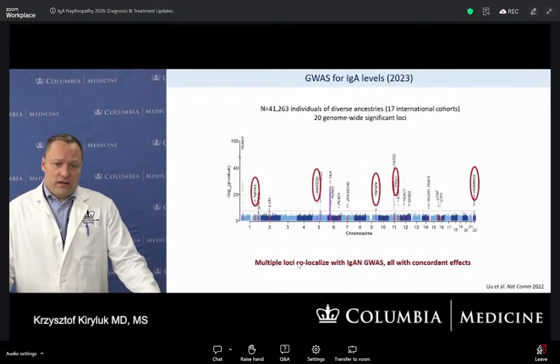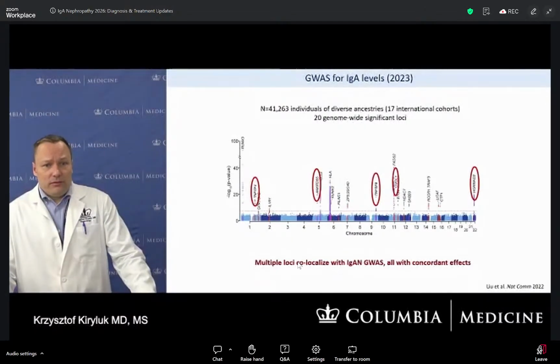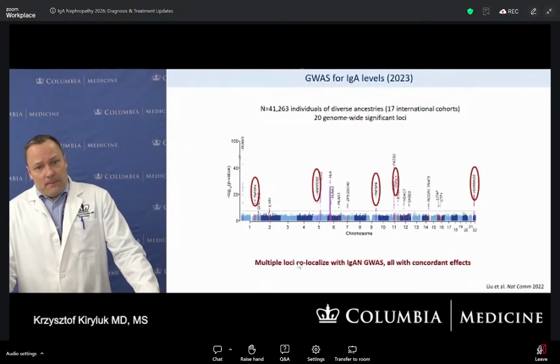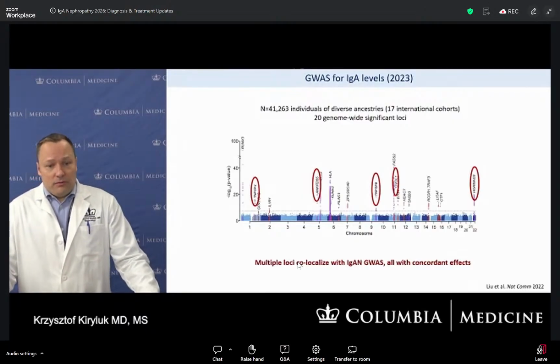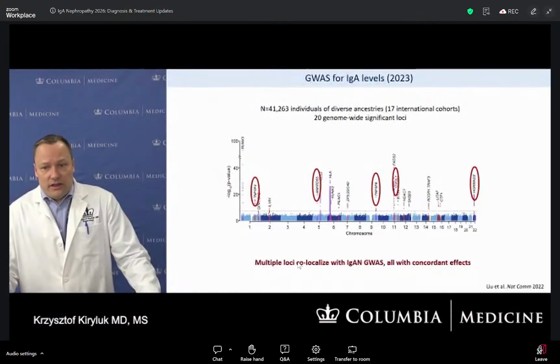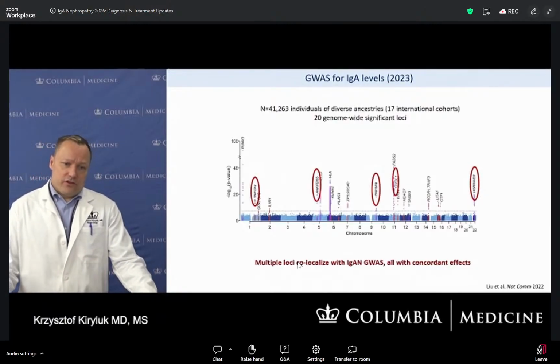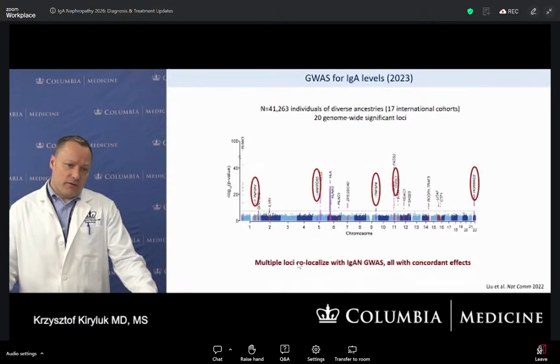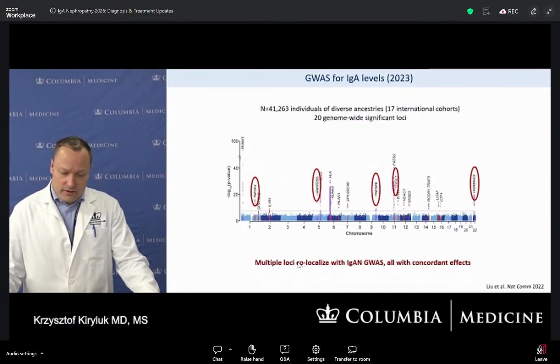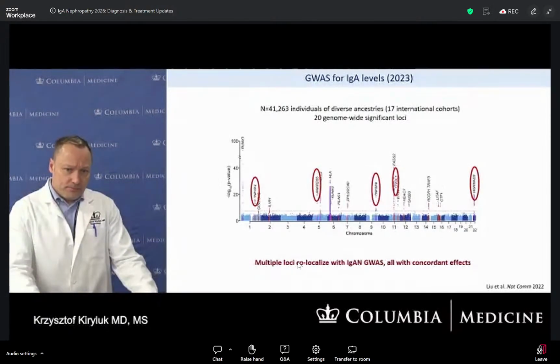All of these loci that were overlapping between these two studies had concordant effects. So the risk alleles for IgA nephropathy were all associated with higher IgA levels, further supporting this concept that there's a genetic predisposition to higher IgA levels, which translates into the higher disease risk.